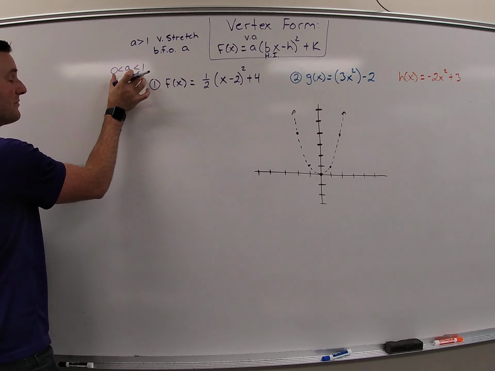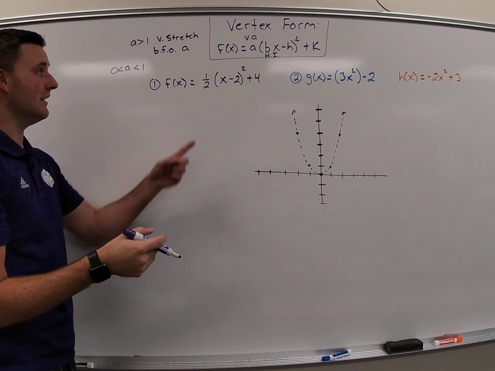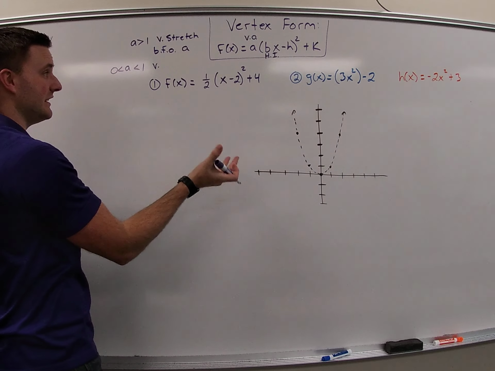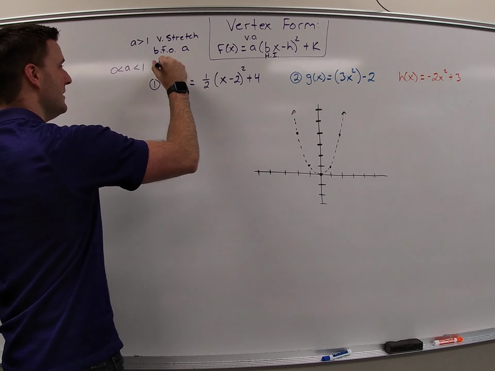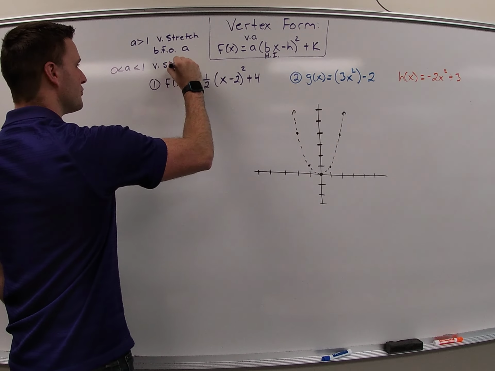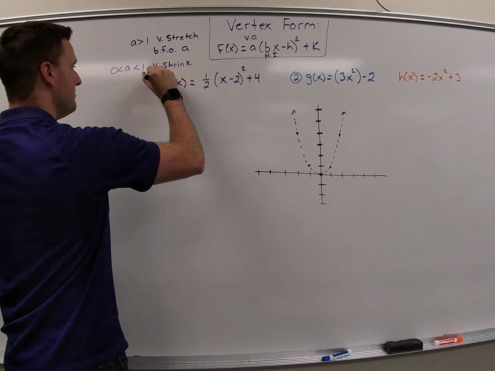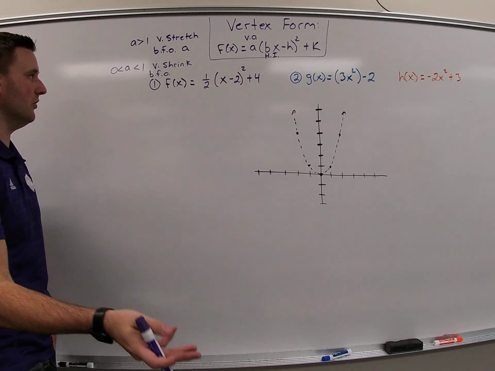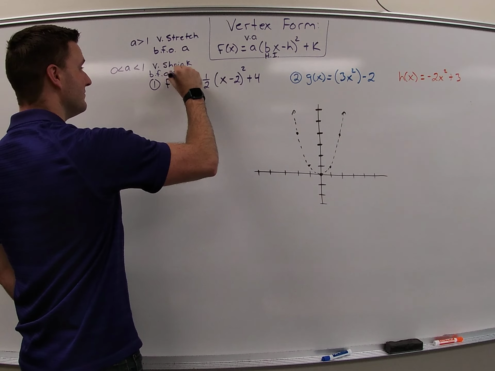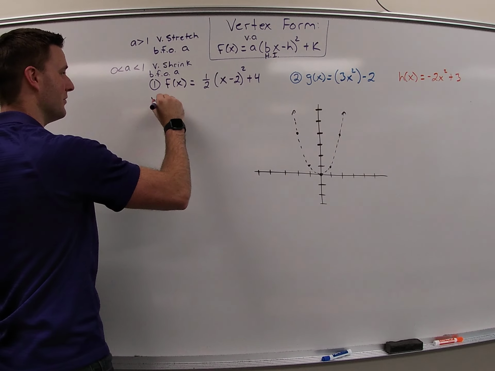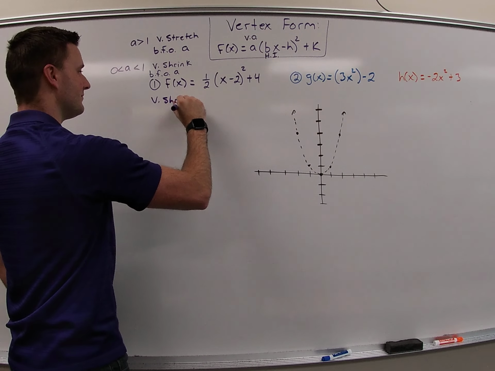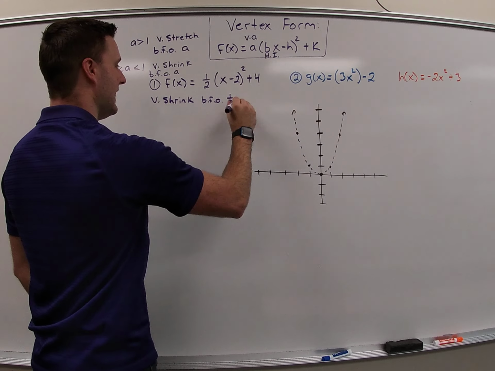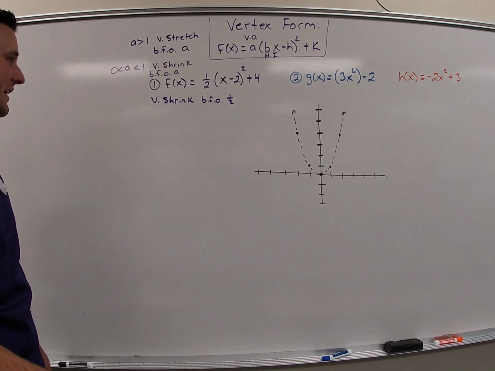So when you see a fraction, a number in between 0 and 1, like 1/2, then it's vertical because it's on the outside of the function, outside of the parentheses, but this is called a vertical shrink, and we still say by a factor of. You don't have to write that out every time, just BFO, by a factor of A. So in this case, we have a vertical shrink, and this is by a factor of 1/2 because A is 1/2.